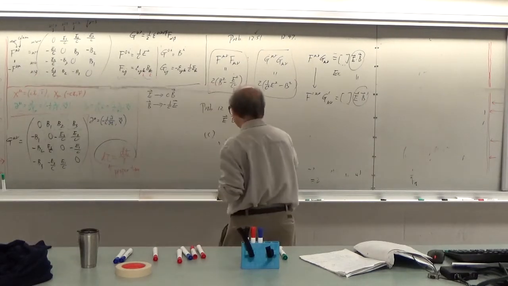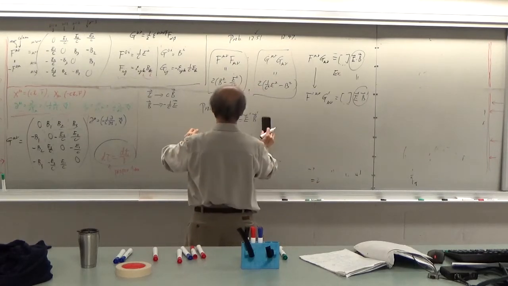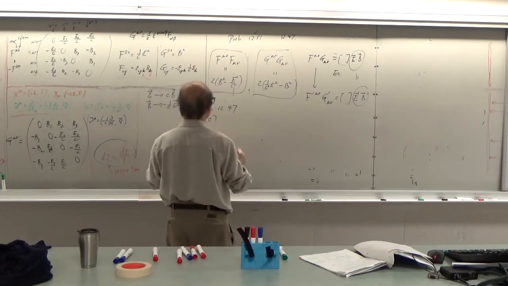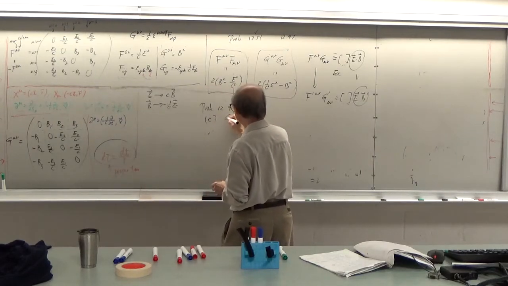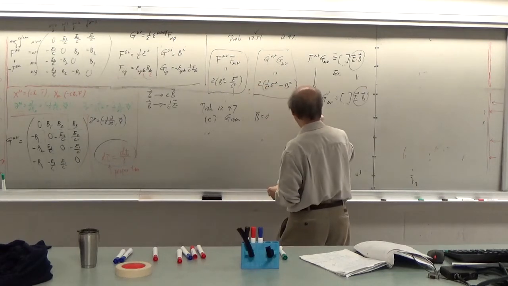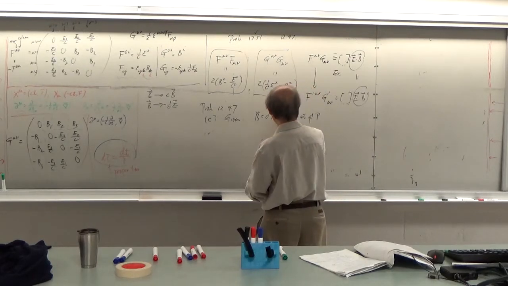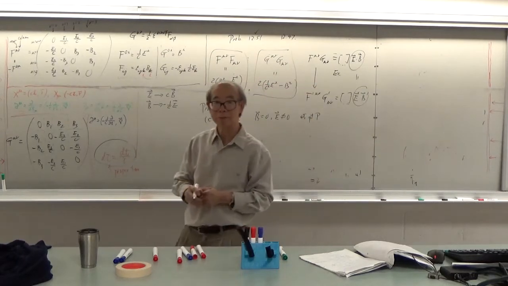So this is part A, now part C. So let's be given that B is 0 at point P, but E is not 0 at point P in the unprime frame.